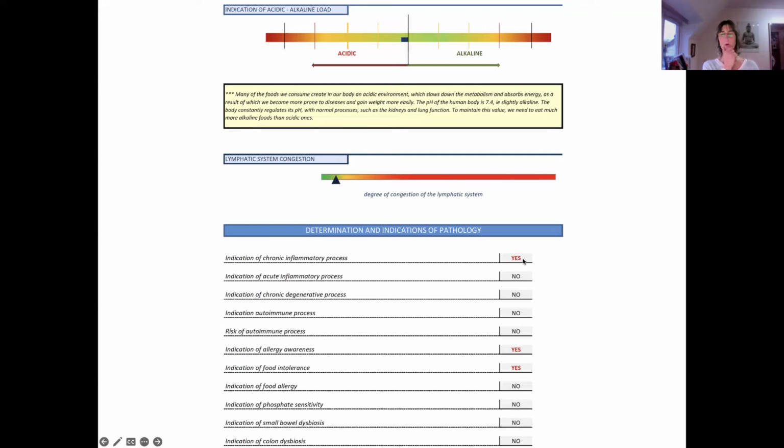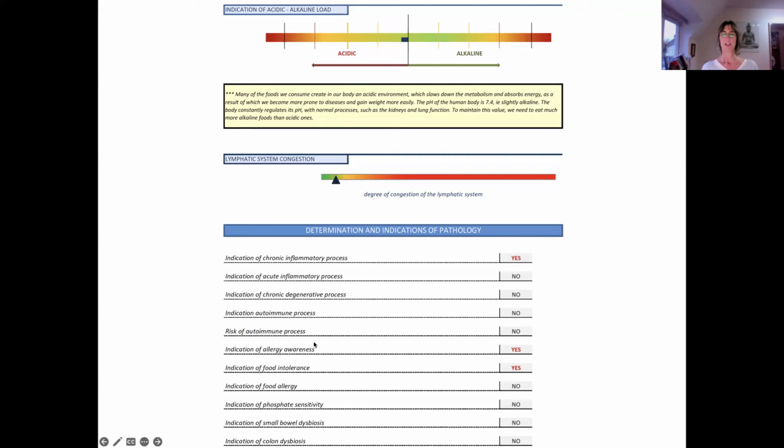I can't remember what that was, but after working with the mini treatment devices, it cleared up, and this now says no. But at the time it was a yes, so that was something we addressed. It will show if there's an indication of any degenerative processes, of any autoimmune processes, or whether there's a risk that a client may be prone to autoimmune processes.